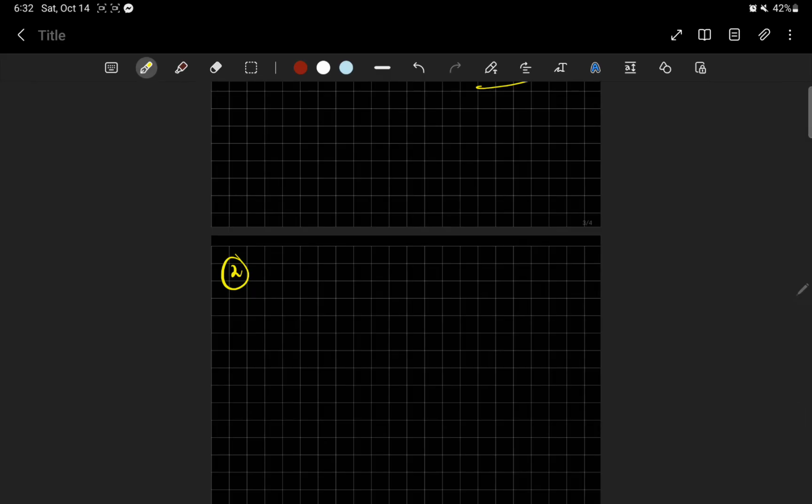Let's have an example number 2. We're going to find the sum of an infinite geometric series if we have 3, 3/4, and 3 over 16, and so on. Okay, so again, identify first the common ratio.